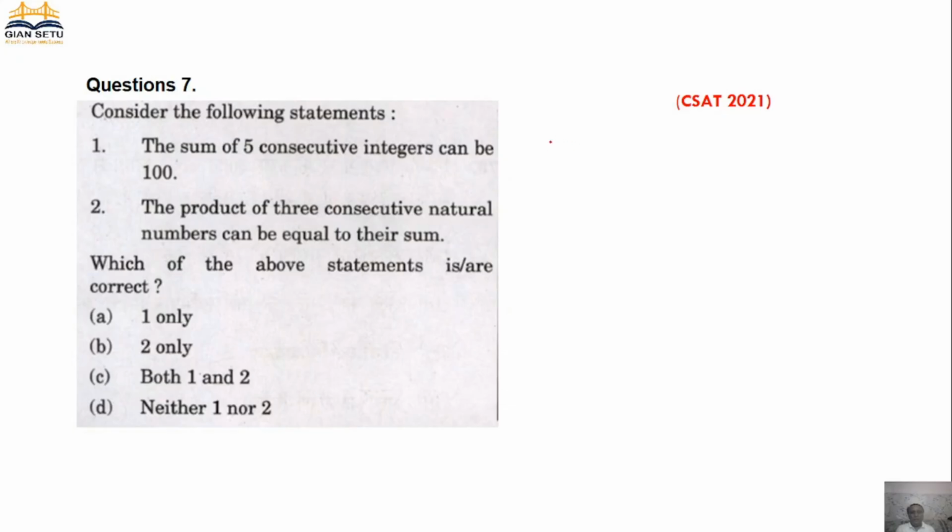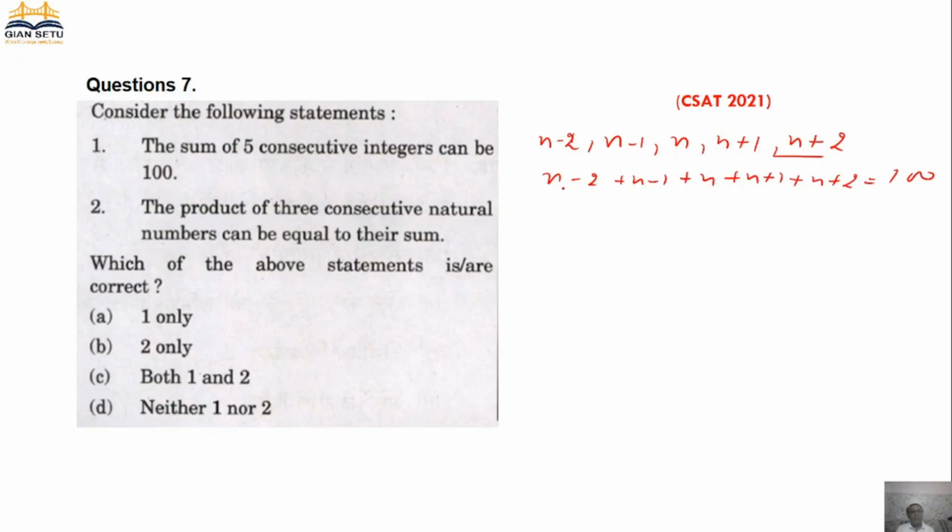Suppose we have consecutive integers n minus 2, n minus 1, n, n plus 1 and n plus 2. According to statement 1, if we add all these numbers, n minus 2 plus n minus 1 plus n plus n plus 1 plus n plus 2, it should be equal to 100.